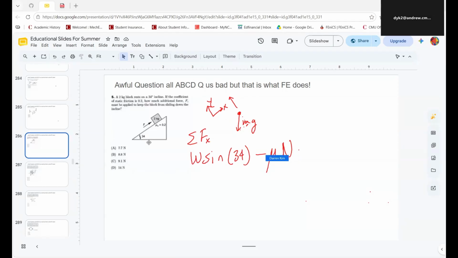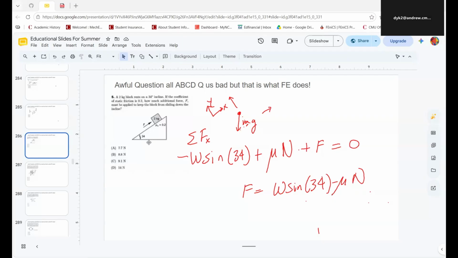I'm doing the summation of x, so this is correct. It's a minus direction because it's moving this way, and the friction is a positive direction because it acts that way, and then another positive for the force, equals 0. So F must equal mg sine 34 minus mu N.